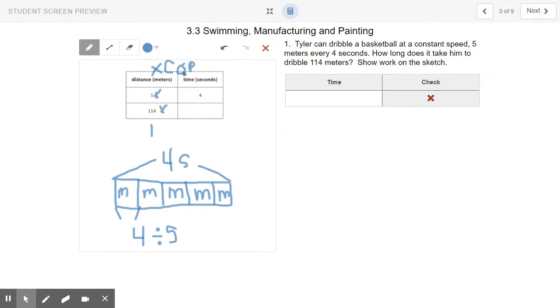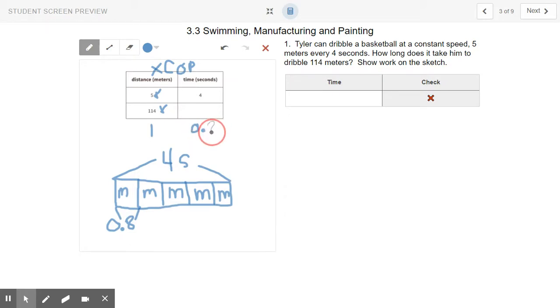So I know that, I'm going to erase this so I have room. I know that for every meter that Tyler is dribbling, it takes him 0.8 of a second to go that far. So this is 0.8.